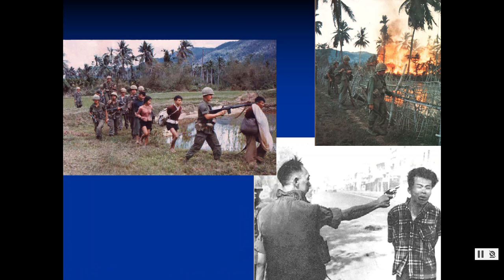It was considered a morally ambiguous conflict. There was no real reason for the United States to get involved. It was a war against communism and Russia by proxy. And it was a war to suppress national self-determination. And then the question people asked then and continue to ask today is, was it worth it?